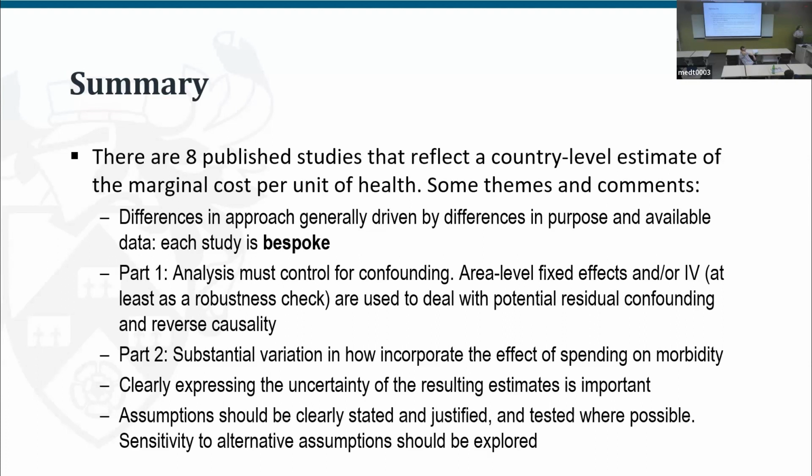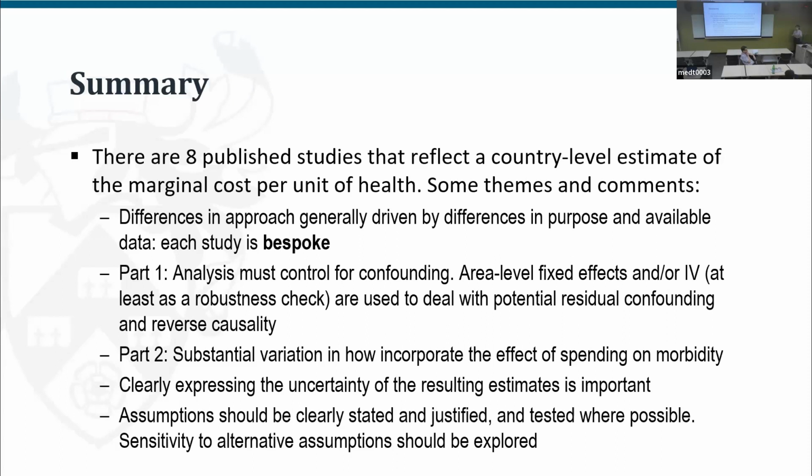Part 2, the main finding was that there was a lot of variation in how to incorporate the effect of spending on morbidity. But it needs to be done to be able to inform an estimate of health opportunity costs that can be used to make the kind of trade-offs that we need to do in making decisions around funding things across different disease areas and different types of healthcare interventions.